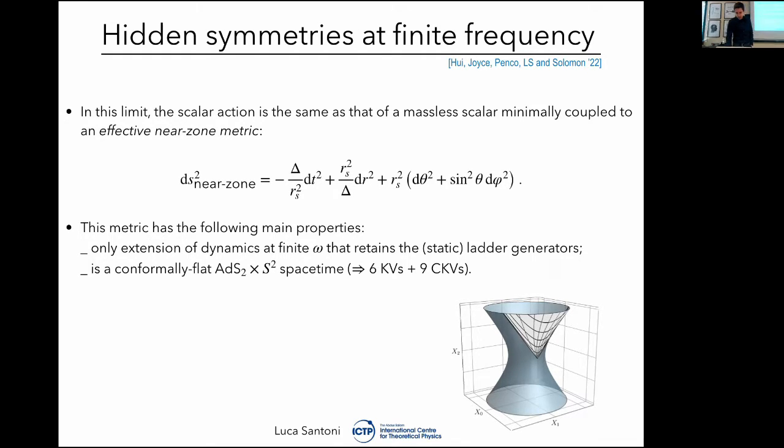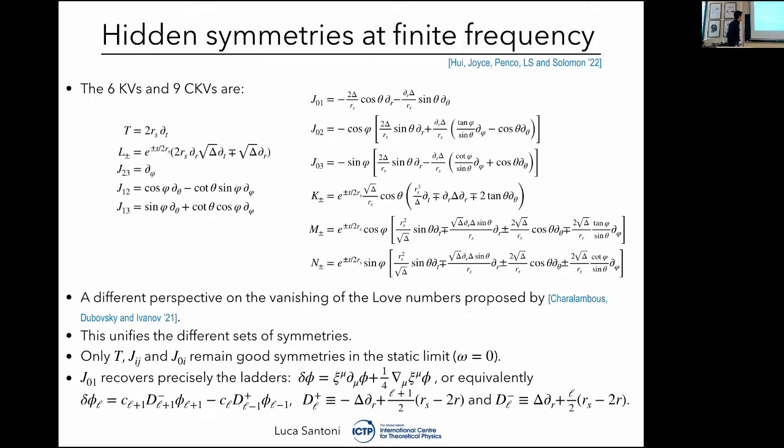Let me be more specific about this. These are just symmetries of the previous metric. These are the 6 Killing vectors, and these are the 9 conformal Killing vectors. Let me not enter into the details, but let me stress some key properties of these objects. One of the reasons why we wrote this work is to clarify an aspect which was confusing before.